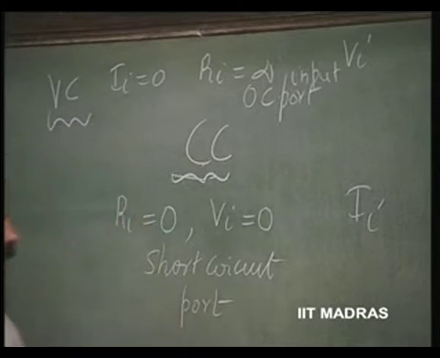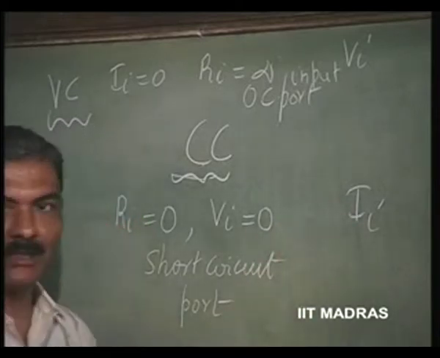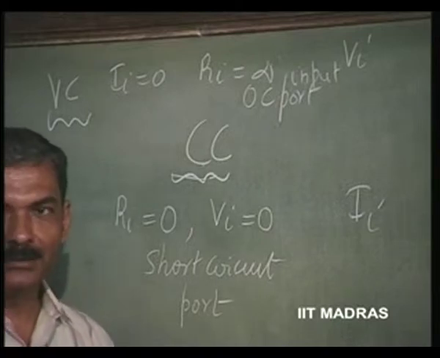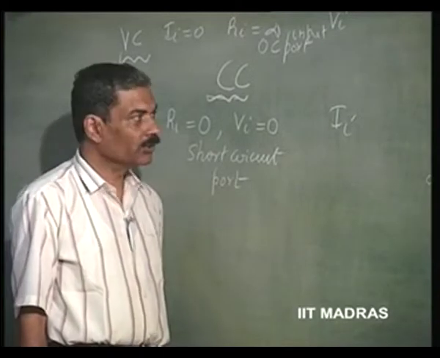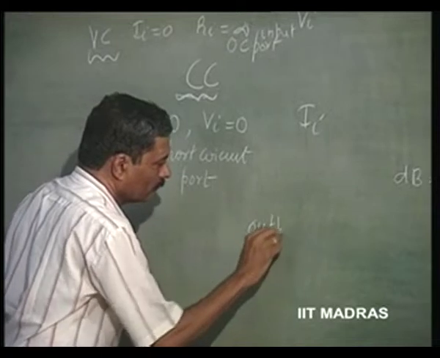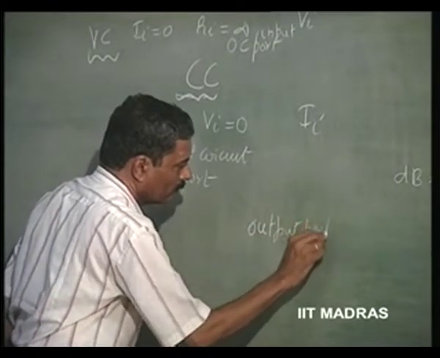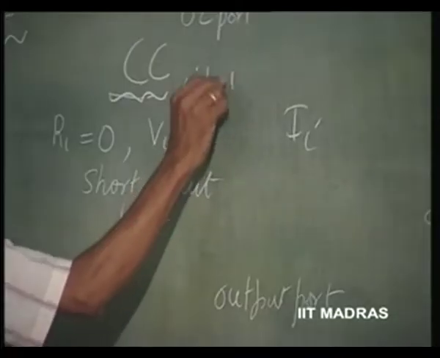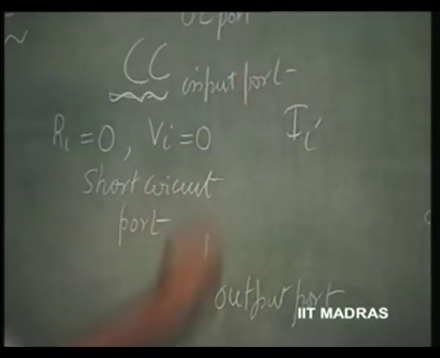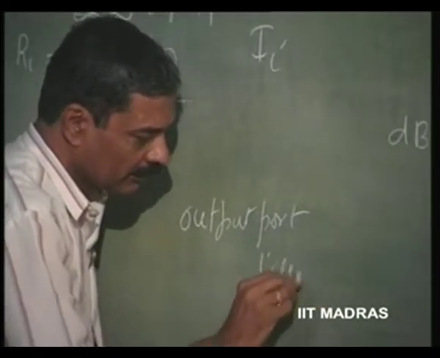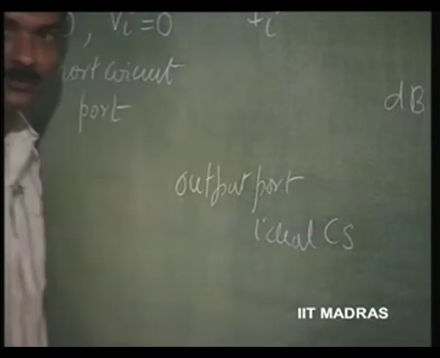And therefore, we had to learn about this amplifier, which is current control, and it could be, instead of a voltage source, a current source. So, this is the case of input port situation. Output port could be therefore an ideal current source.